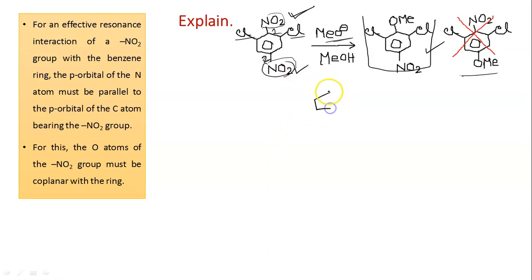So I will write the starting material with the NO2 group in this way. And MeO minus can attack on both sides. I will write both the structures.